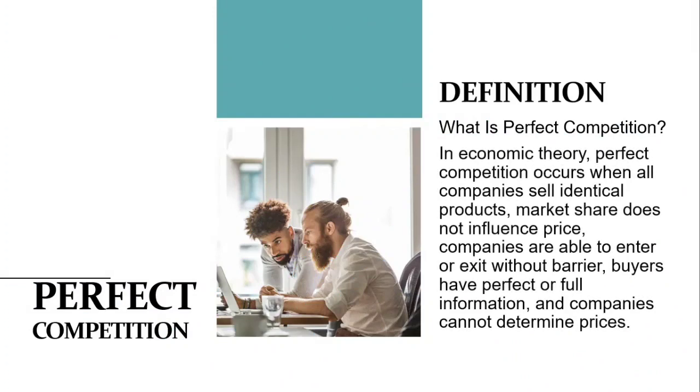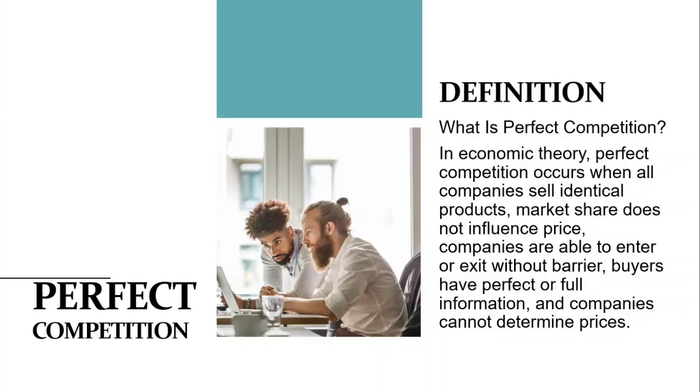In economic theory, perfect competition occurs when all companies sell identical products. Market share does not influence price. Companies are able to enter or exit without barrier. Buyers have perfect or full information, and companies cannot determine prices.